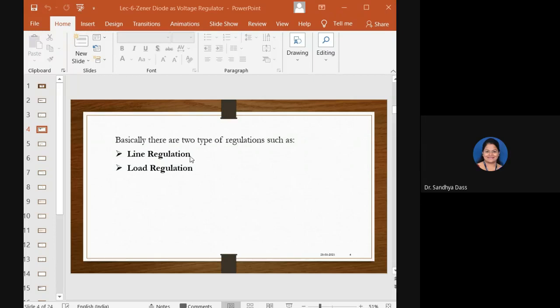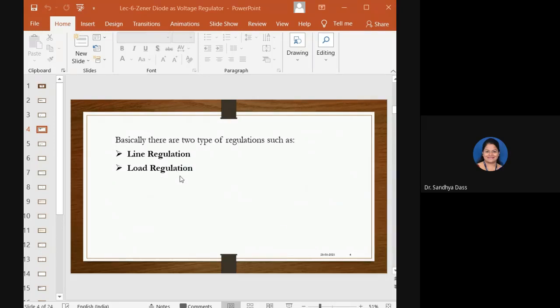In that condition, the output voltage across the Zener diode will be maintained constant, provided the input voltage variation is within the minimum and maximum values. So note that in line regulation, the series resistance and load resistance are constant while the applied input voltage is varied.